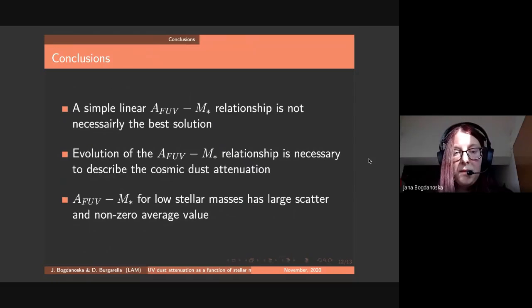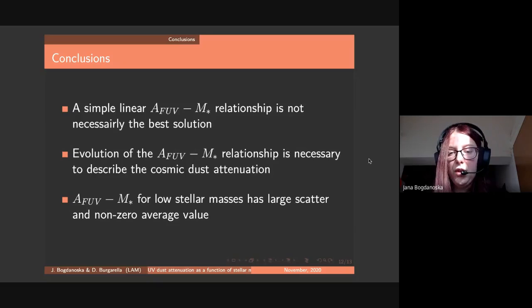Just to sum up what I've said so far. First, for these low mass objects, we cannot ignore their contribution to the average dust attenuation, so we need to assume some function that is not just a simple linear dependence. Another very important conclusion is that we started with the assumption that this A-star relationship does evolve, and we did get results which are similar to what is found by different authors.